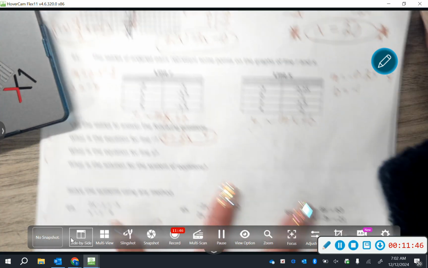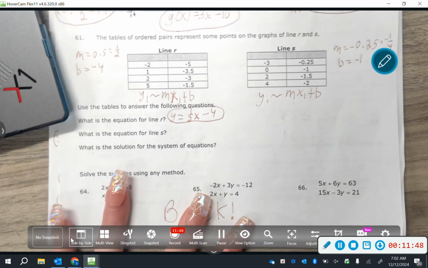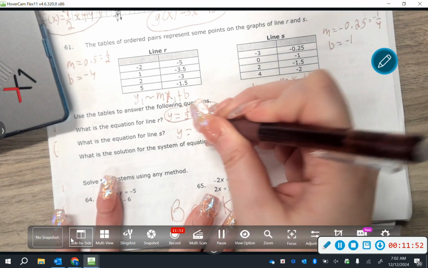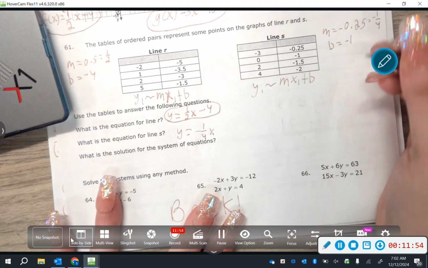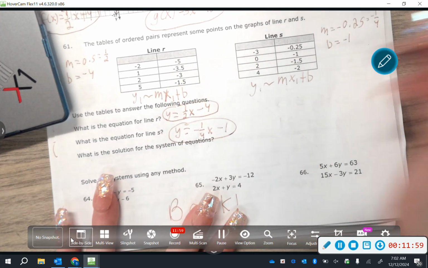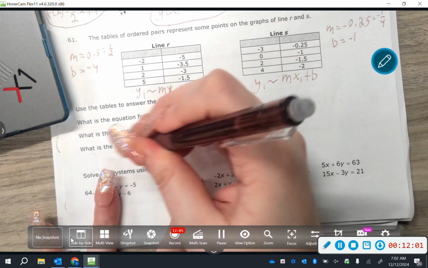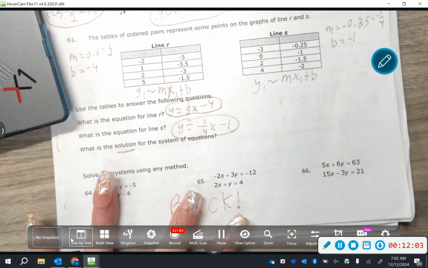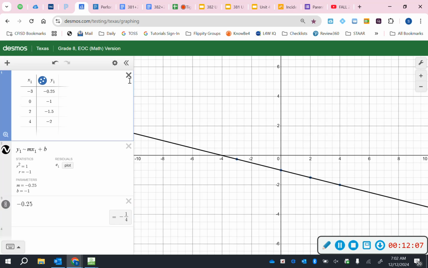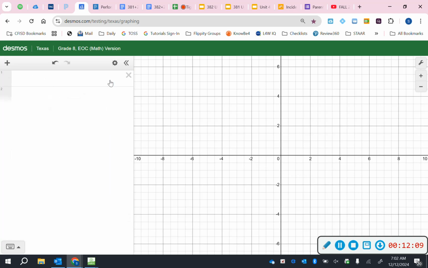All right. So for my equation for line S, it's going to be y equals, my slope is -1/4, so -1/4 x. My y-intercept is -1. If it's asking you for a solution, that means where do these two lines cross? Well, now that I do have my two equations, I can plug them in and go see where they cross.